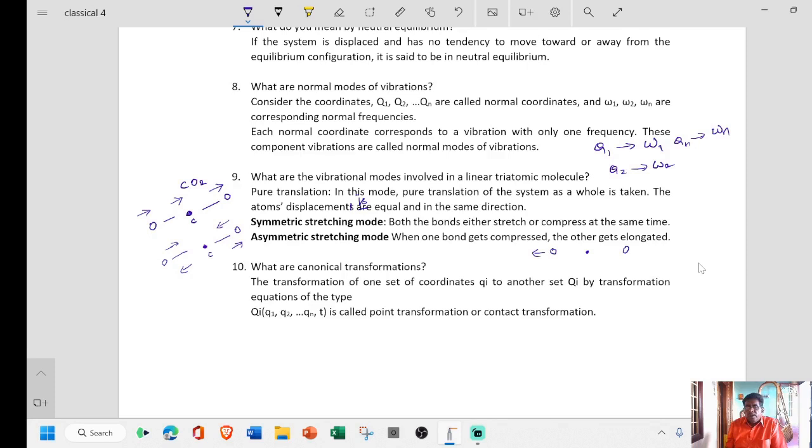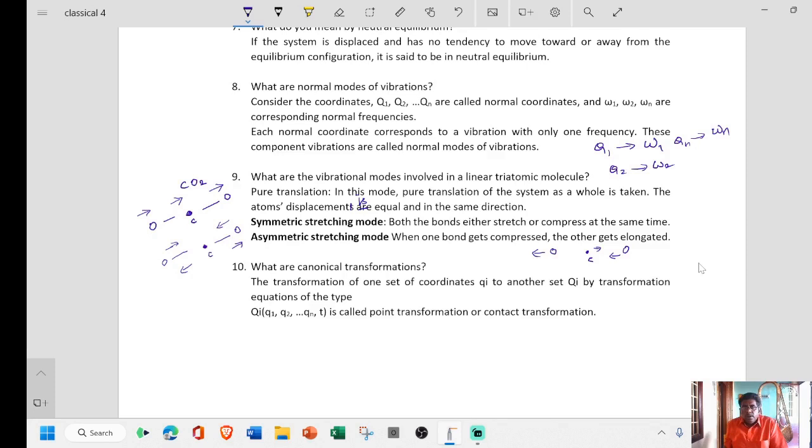This oxygen is elongated. Then this is compressed, which is moving towards the central carbon. This oxygen is moving away from the central carbon, but this oxygen is moving towards the central carbon. It is also moving in the opposite direction. That's all about the asymmetric stretching mode.